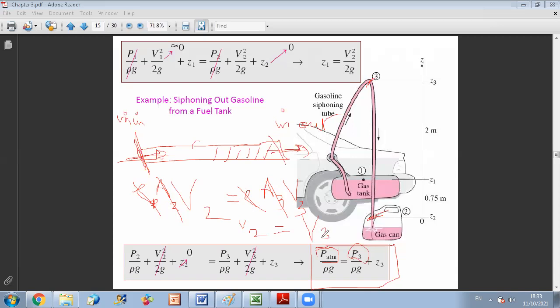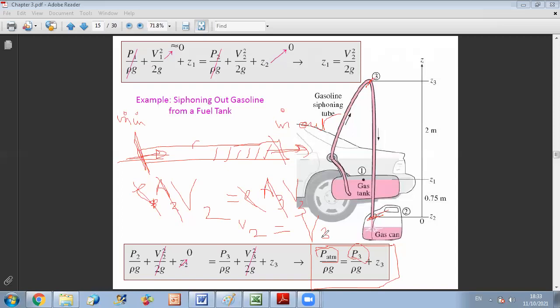Any other question on this? Yes? Why didn't we take only 1 to 3, and instead took 2 and 3? You can apply between 1 and 3. It's not wrong. You can apply Bernoulli between 1 and 3, or between 1 and 2, or between 2 and 3.